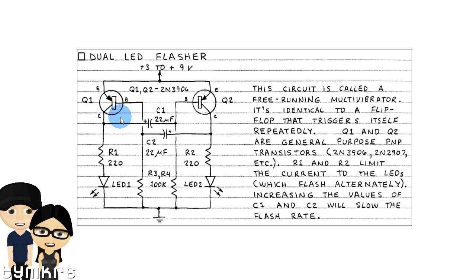So that being said, when this circuit first charges up, because the voltage at B is lower than the power source, these transistors will be on, and they'll conduct electricity from E to C.